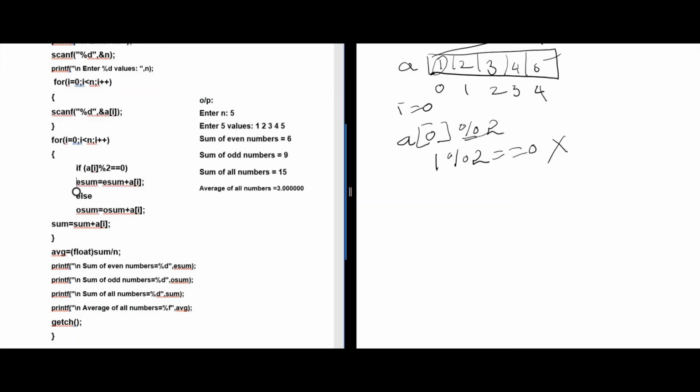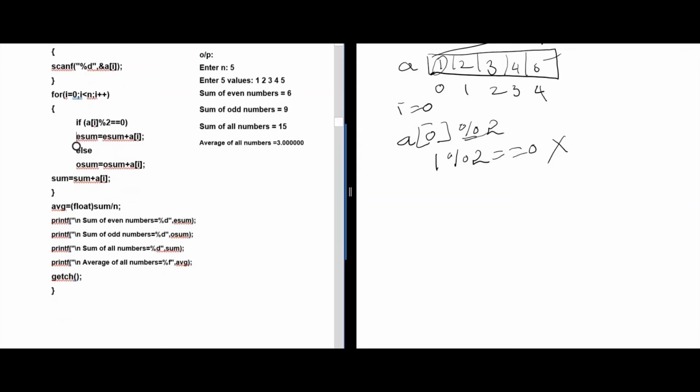Okay. Now in else, what do we have? In else I have written osum is equal to osum plus a of i, because we are supposed to find the sum of odd numbers. If the number is not even, it means it is an odd number. That is why we are performing osum equal to osum plus a of i.